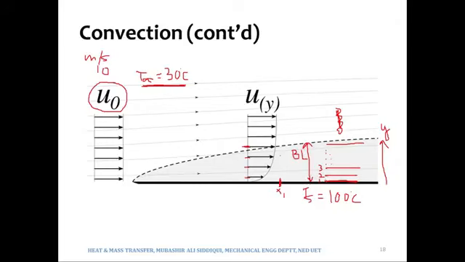So the first layer of the fluid, which is in direct contact with the surface, would have a temperature of almost 100 degrees Celsius. The second layer, which is farther from the plate, would have a temperature of, let's say, 99 degrees Celsius, and then the third layer even lower, let's say 98, and then 97, 96, 90, 80, 50, 40, and ultimately it will reach the free stream temperature of 30 degrees Celsius.